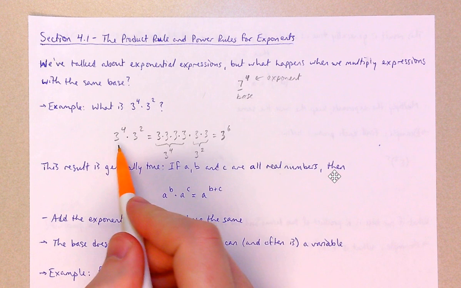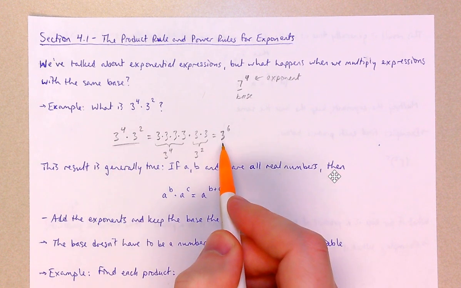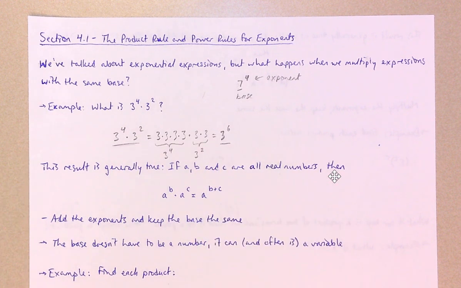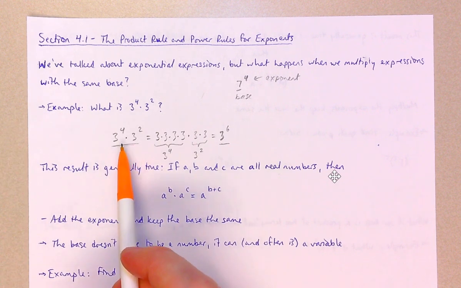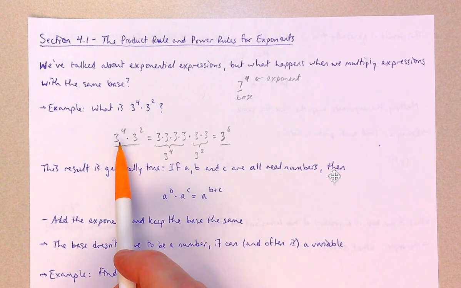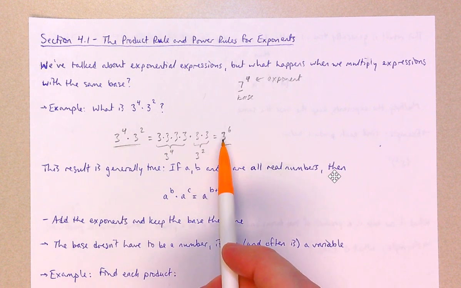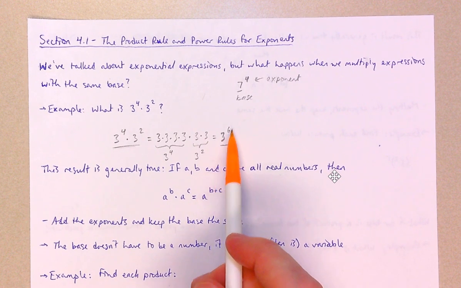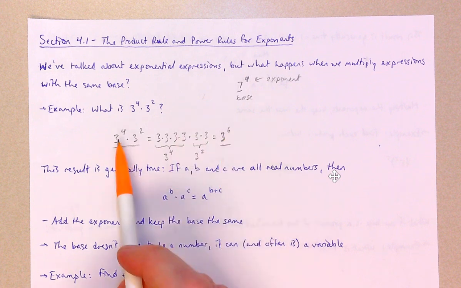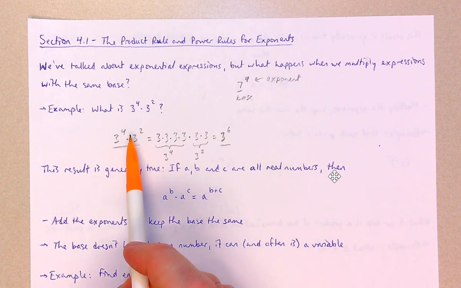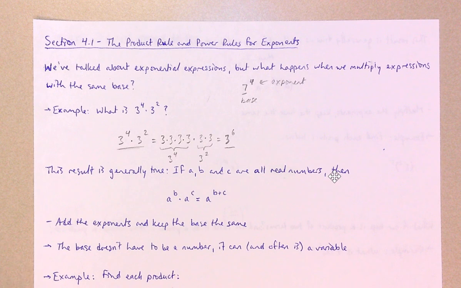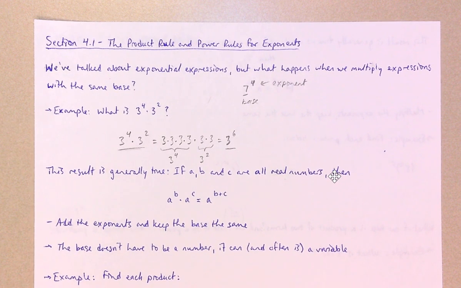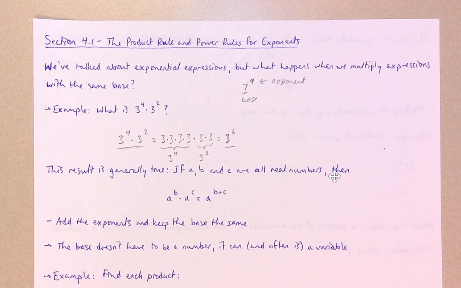Now, comparing what we were given to what we found, we see that when I multiplied these two exponential expressions where the bases were the same, we kept the same base, but the power is simply the sum of these two powers. That result is generally true. That holds no matter what base and no matter what exponent you have.